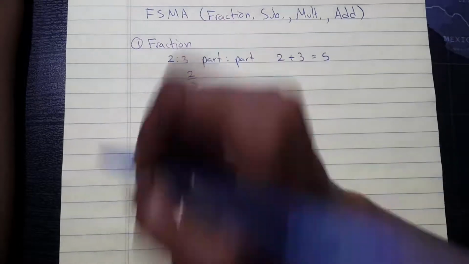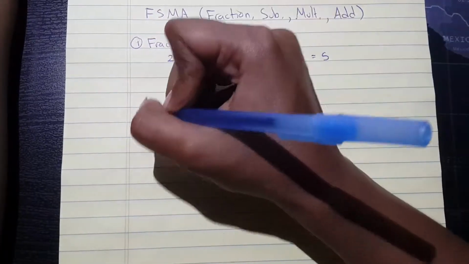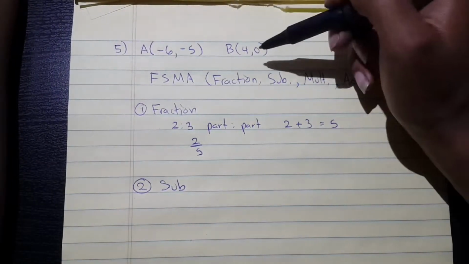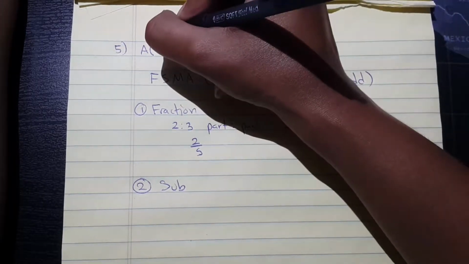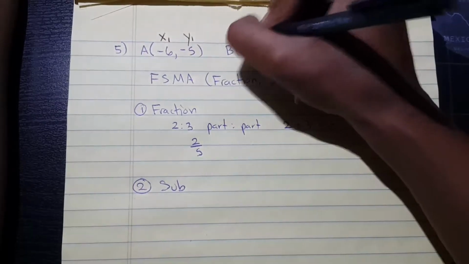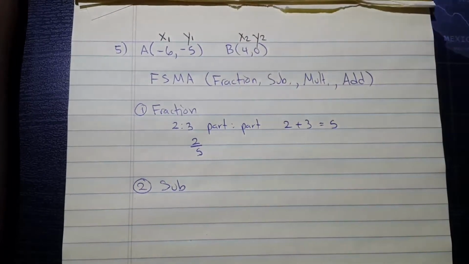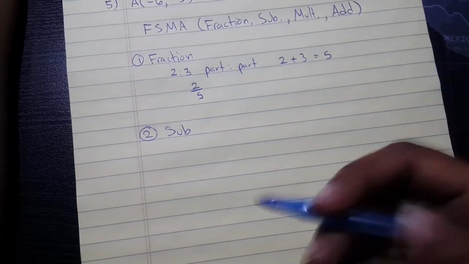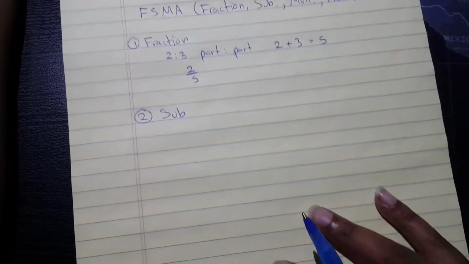Okay, great. Now, step 2 is going to be the subtraction. Now, what we're going to do is we're going to label these coordinate points in order. Very important that you keep the left to right order as is, because you will definitely mess up. So the first coordinate point is x1, y1. Second coordinate point is x2, y2. And when you're subtracting, you're going to do the delta x, delta y, or the differences between the x coordinates and the y coordinates.